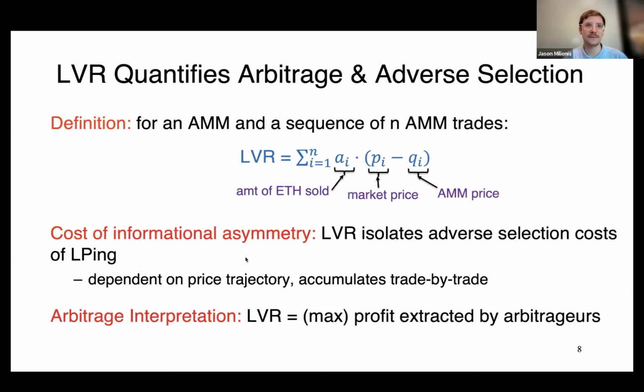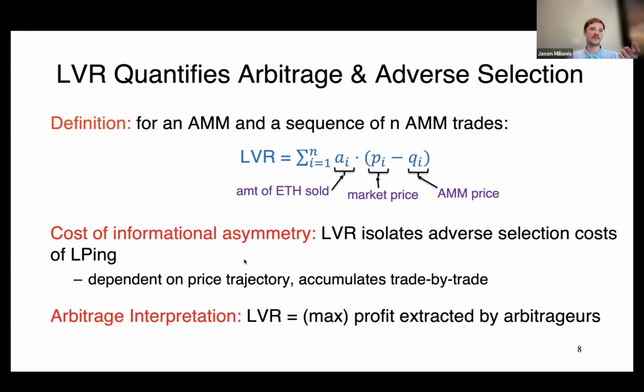Another key feature is that LVR captures the adverse selection cost due to liquidity providing, and it's dependent on the price trajectory. So it depends on what the actual external market prices are going to be throughout the set of these trades, and it accumulates on a trade-by-trade basis.